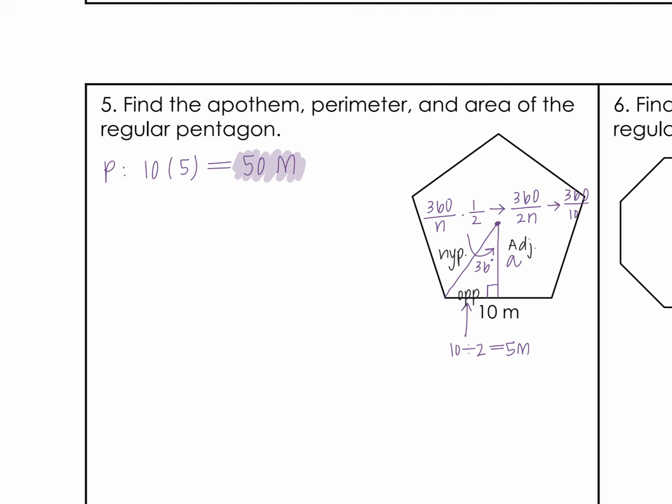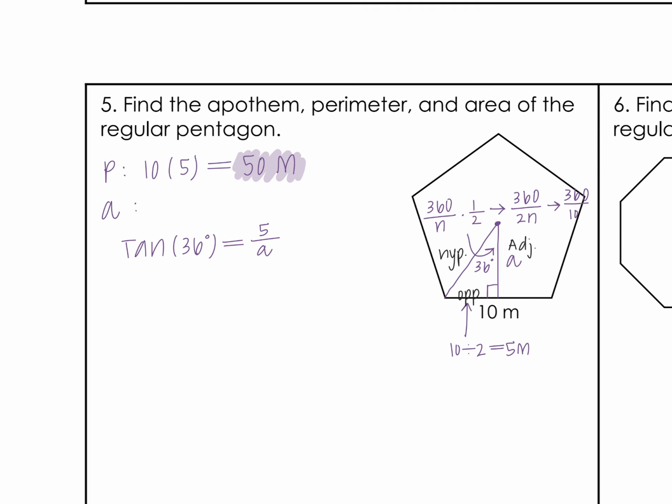Looking at everything that we have, in order to find the length of my apothem, I'm going to use tangent because I know my opposite and I'm looking for my adjacent. So tangent of that 36 degrees is going to be equal to my opposite, so 5 divided by my adjacent, which is my apothem, that A I'm looking for.